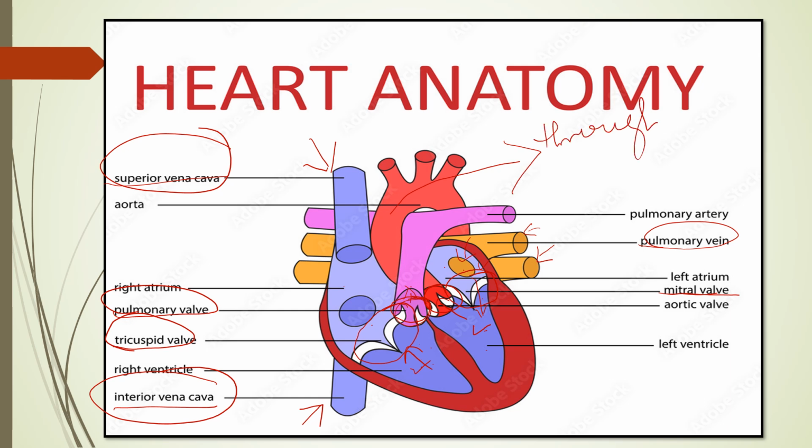So the oxygenated blood is pumped throughout the body, and the deoxygenated blood from the different parts of the body is brought to the heart, from there to the lungs to get purified and oxygen rich, and then it is brought again back to the heart, and from there to different parts of the body.